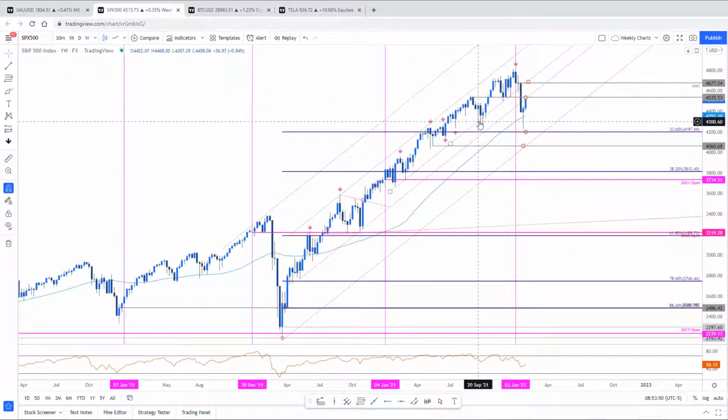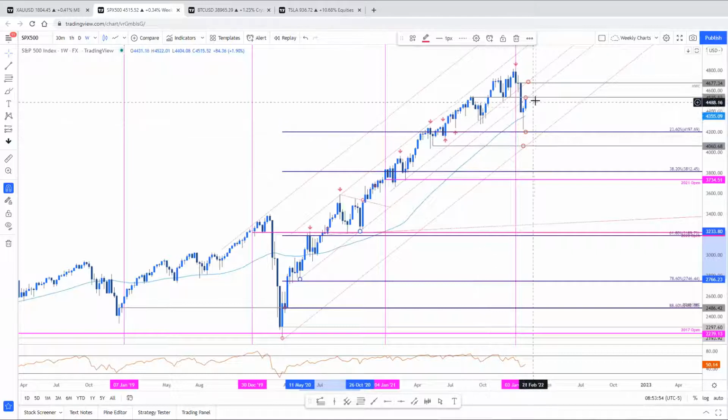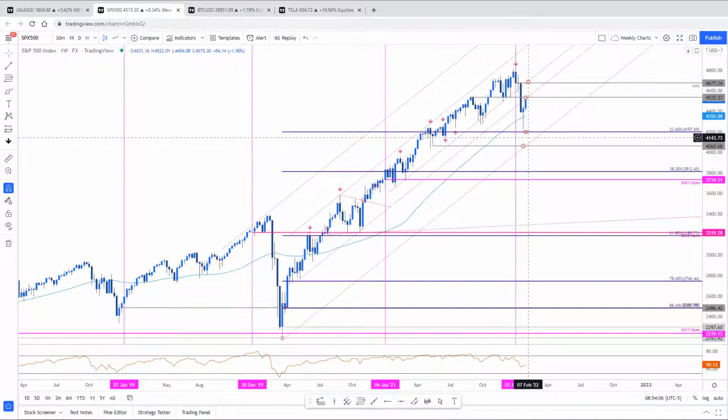Now we broke uptrend slope support, second uptrend slope support. Here we are testing it as resistance. This is right at the highs that we made in September of last year, the lows we made in that November pullback. Here's the slope. So S&P is coming up on the first weekly resistance levels near 45.35.